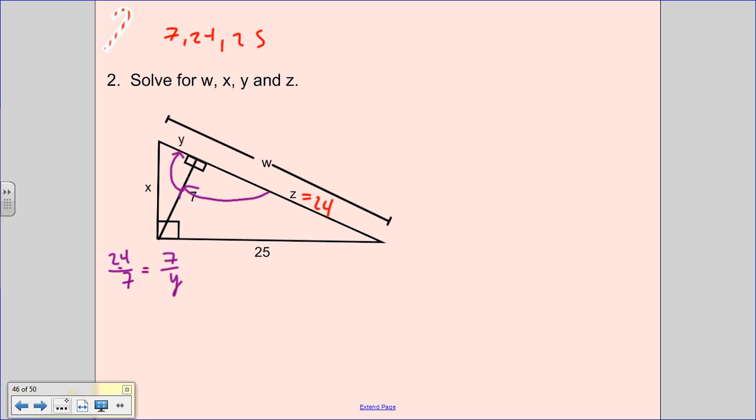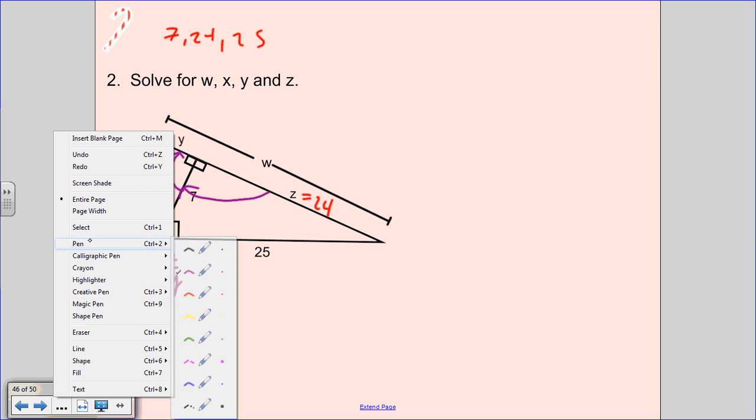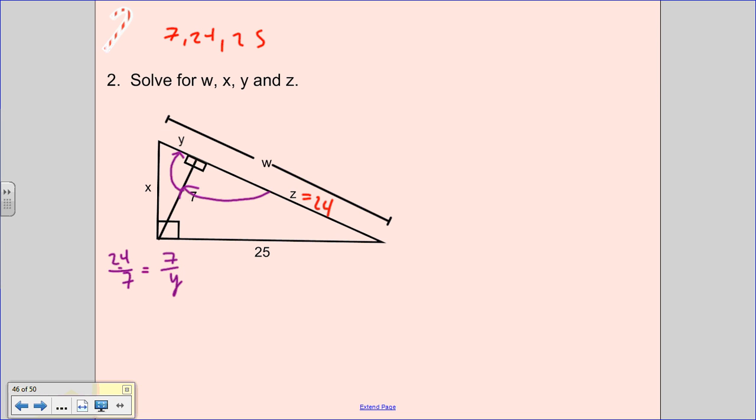So now we cross multiply to get our answer. So I'm going to multiply 24 and y, get 24y, and 7 with 7 and get 49. Divide both sides by 24. So y is equal to, is there a number that goes into both 49 and 24?